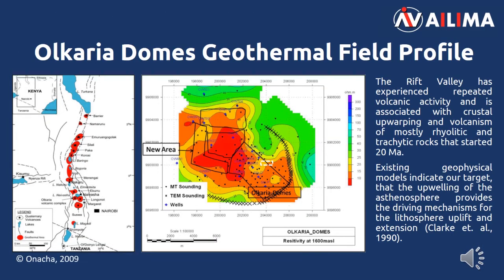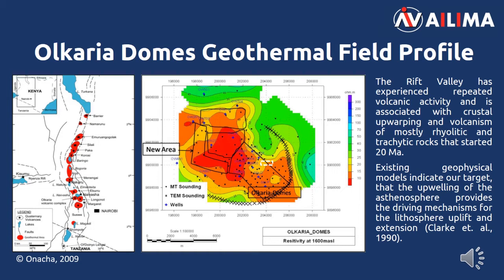Olkaria Domes geothermal field profile. High-temperature geothermal prospects in Kenya occur in the tectonically active Kenya Rift Valley and have an estimated potential of over 3,000 MWe. The Rift Valley has experienced repeated volcanic activity and is associated with crustal upwarping and volcanism of mostly rhyolitic and trachytic rocks that started 20 Ma.